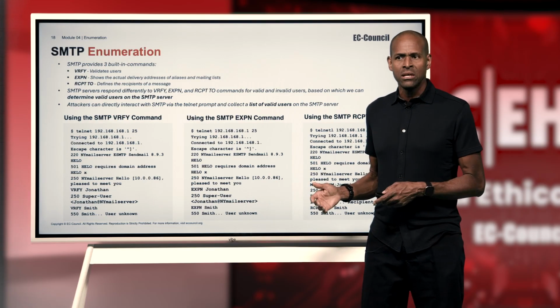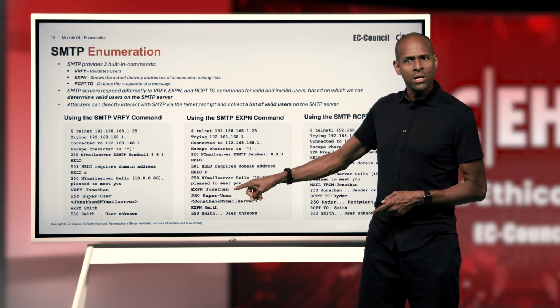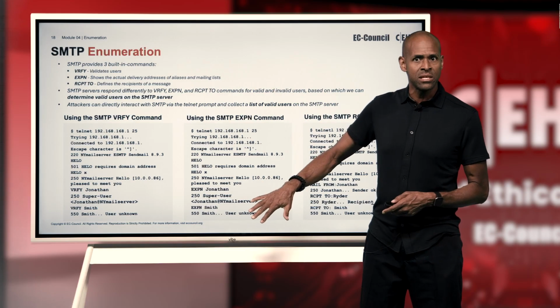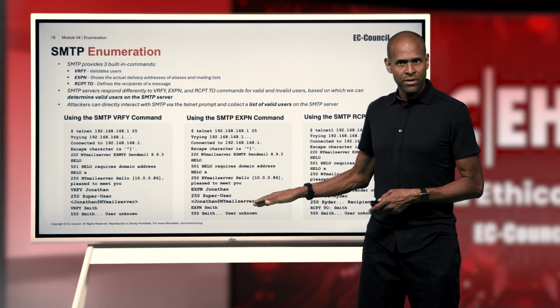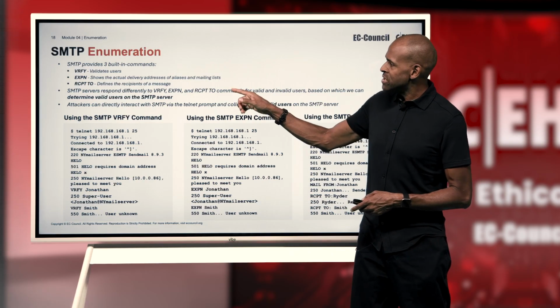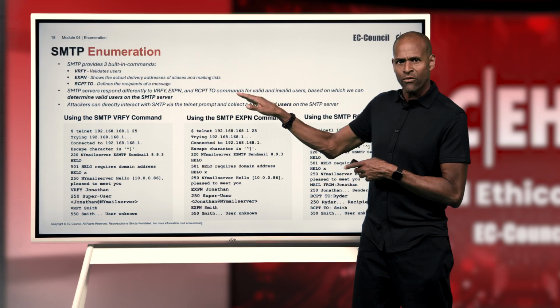It's info at. And so what I do is I do xspin info, and then it'll tell me that that info account is aliased to Jonathan. So I can uncover that alias. That's what that does, it will show the actual delivery address that you see right there.